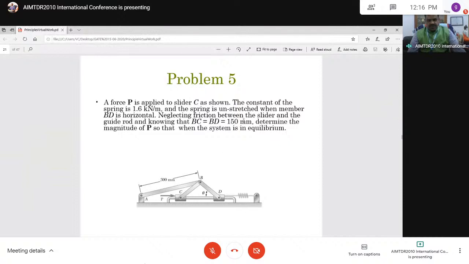Neglecting the friction between the slider, this is the slider, and the guide rod, this is the guide rod. Knowing that BC is equal to BD, determine the magnitude of P so that the system is in equilibrium.